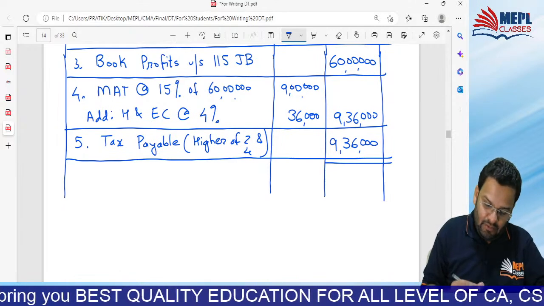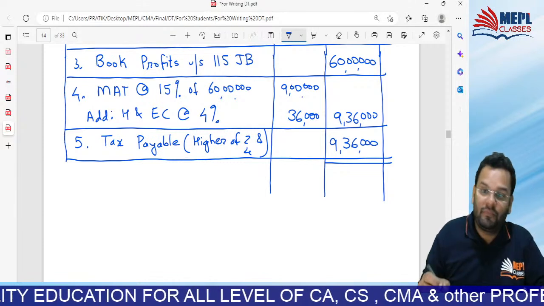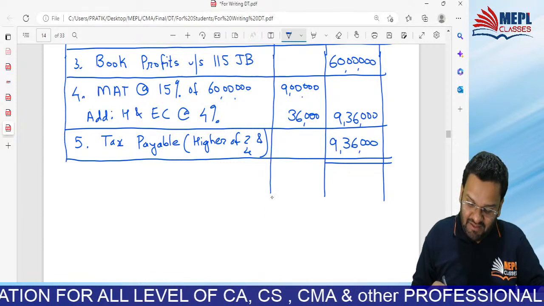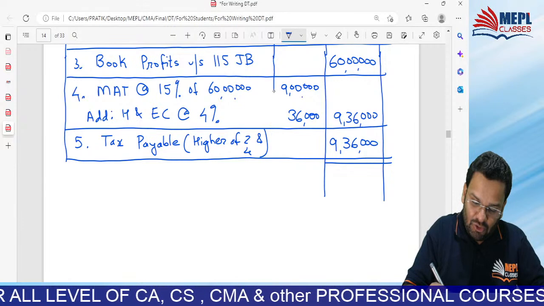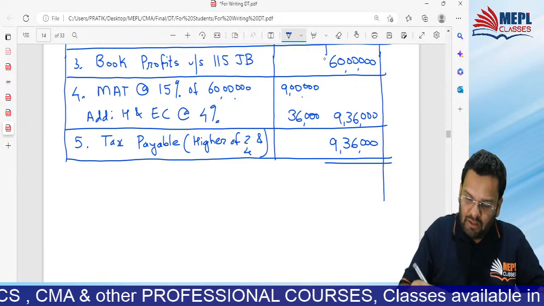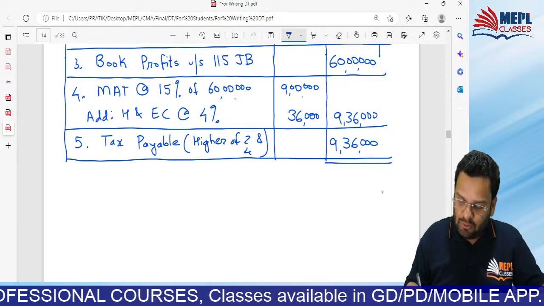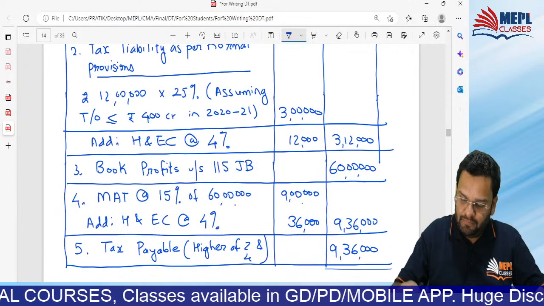Okay, this completes your tax calculation. So let me know, is tax calculation clear to you? Waiting for your reply in the chat window. Is tax calculation clear to you all?